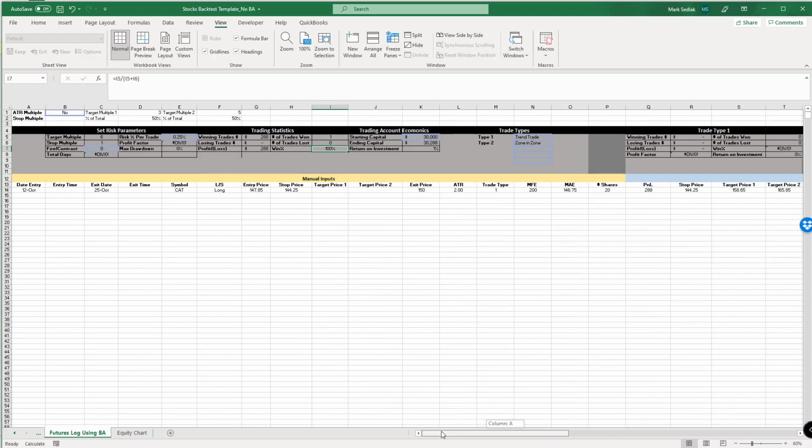And then one other thing to take note of here is I highly recommend that you make a note up here what system it is that you're testing. What's the name of it? What was the time period, which you're going to have here? And what indicators did you use, and what were those indicator settings?